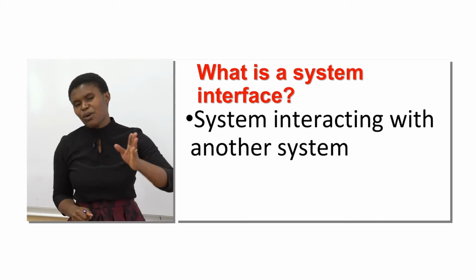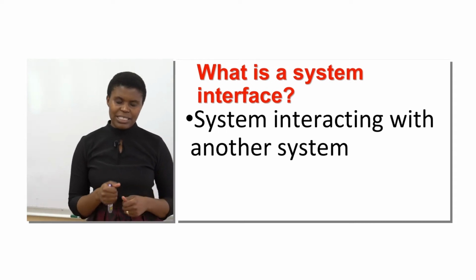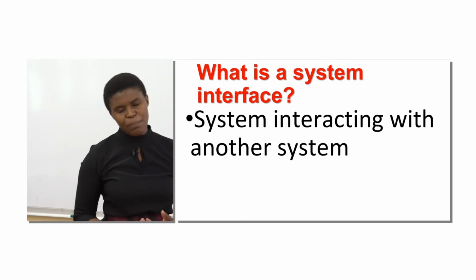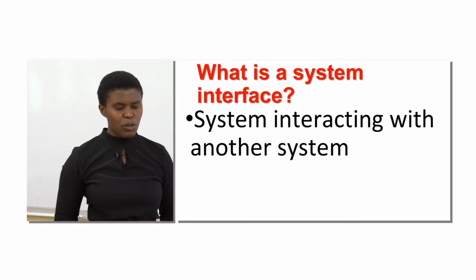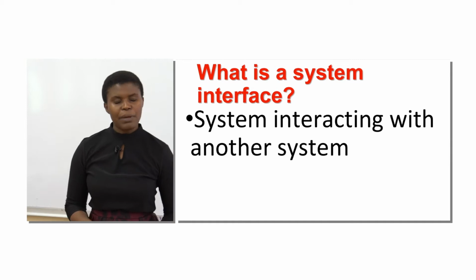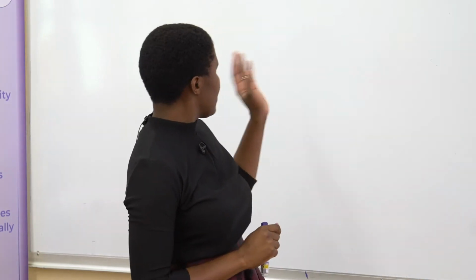Only the systems are communicating using different gadgets or hardware equipment. So now, you press print. You don't stand up and go to the printer and say, you need to print out the document. The computer knows that I have to print this document via this printer which is set up, and how it is presented. You are not involved in this one. That is why we are looking at the system interacting with another system, which is system interface.